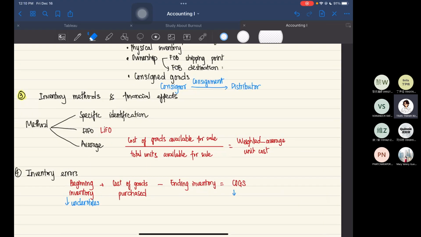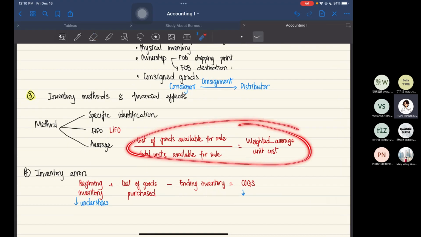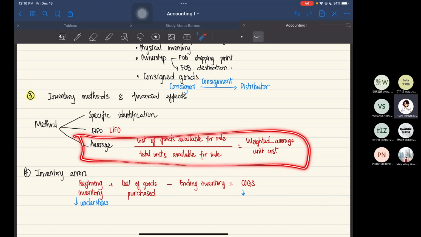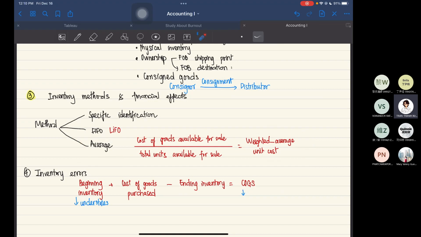The red color that we're writing here is the formula that you need to remember. This formula is for the average method: we take the cost of goods available for sale, divide by the total units, and then we have the average unit cost.